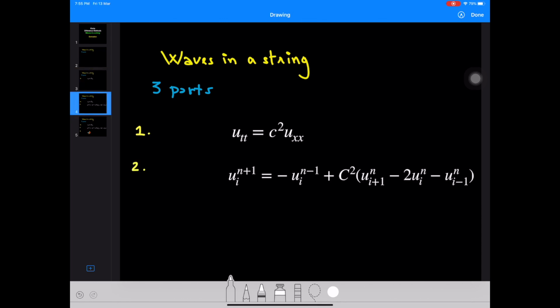And in part number 2, we will deal with the finite difference scheme. So we will develop the finite difference scheme. And in part number 3, we will deal with the numerical implementation on MATLAB.